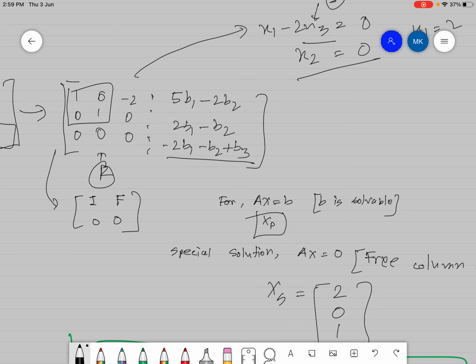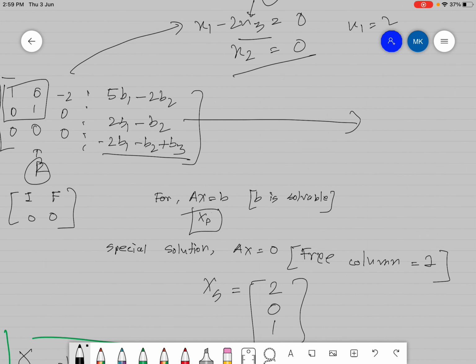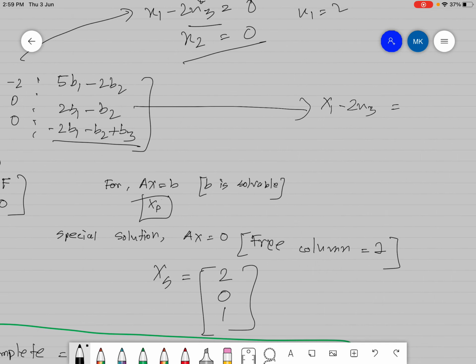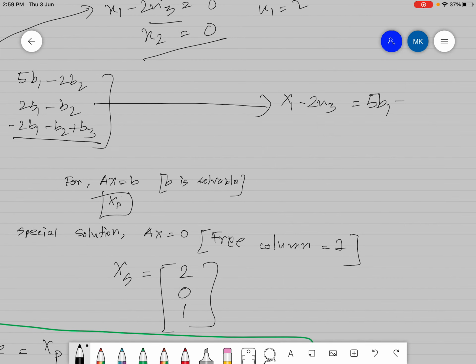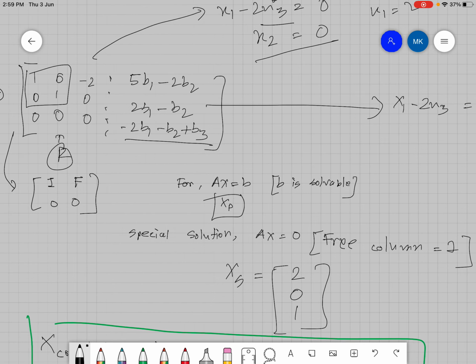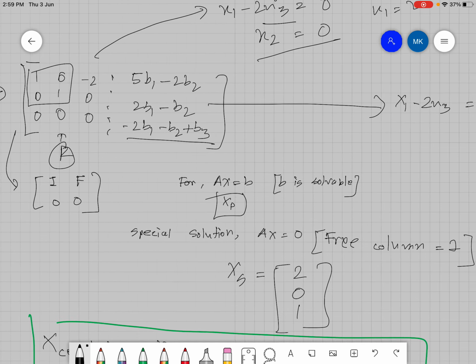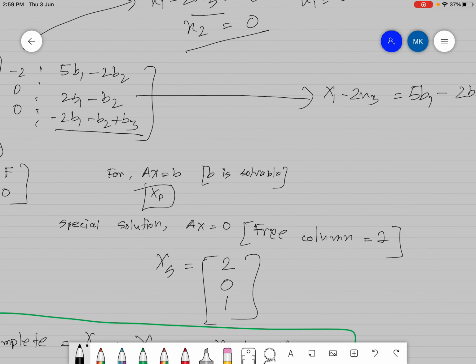Let's work on this. So we have x1 minus 2x3 equals 5b1 minus 2b2, and another equation would be x2 equals 2b1 minus b2.